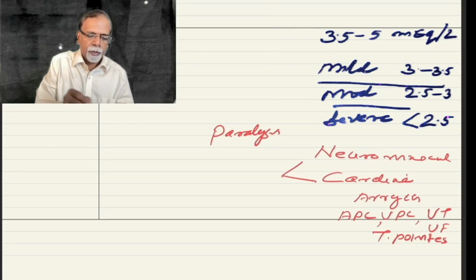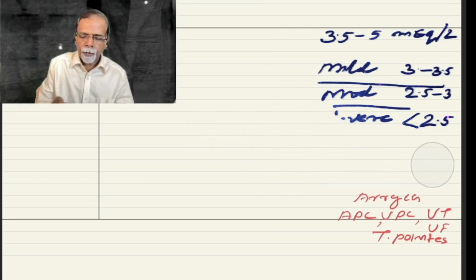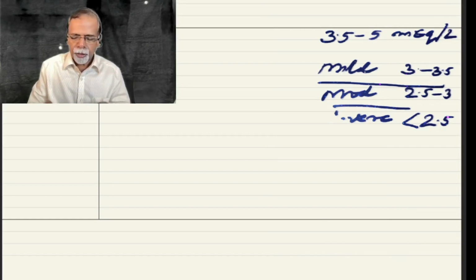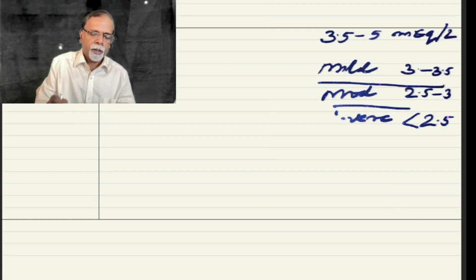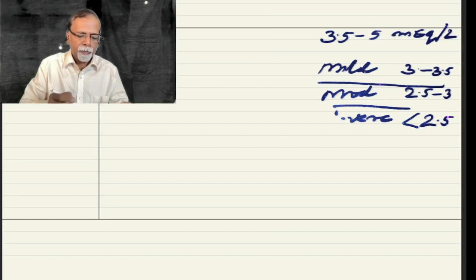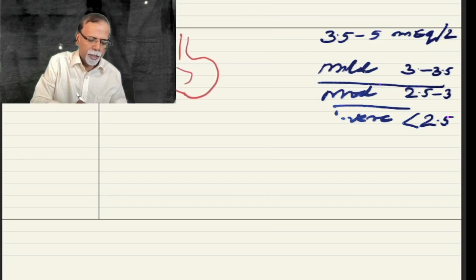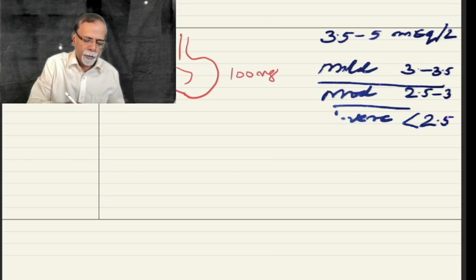Then just look into how you can get hypokalemia. Let us look into the absorption and excretion of potassium. Approximately 100 milliequivalents of potassium is in the diet. So gastrointestinal uptake is around 100 milliequivalents. We are taking 100 milliequivalents of potassium daily, and it is excreted predominantly via the kidney.